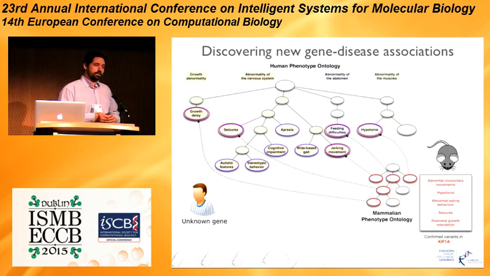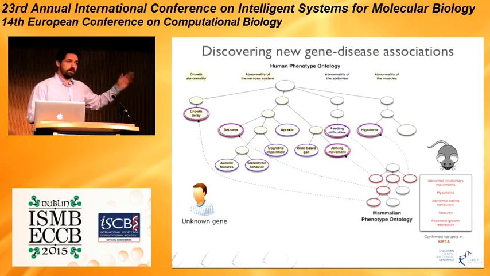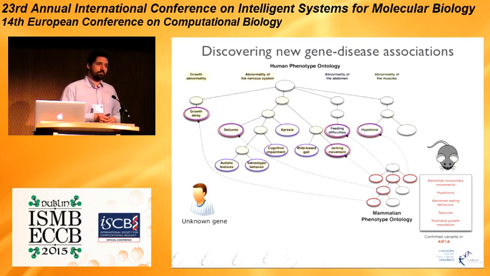Similarly, it has also been used for discovering new gene disease associations. When we have a patient with a phenotypic profile, we are able to infer, by means of the semantic similarity of that profile with, for example, a model organism, a gene that may be of interest in that patient.